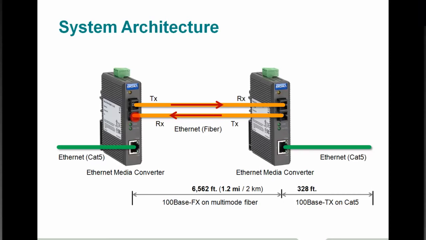So that is possible, but if we do the 80-20 rule here, maybe it's closer to 90-10, most applications are going to utilize two fibers for a system like this, one for transmit, one for receive. Okay, so very simple to utilize in various applications.